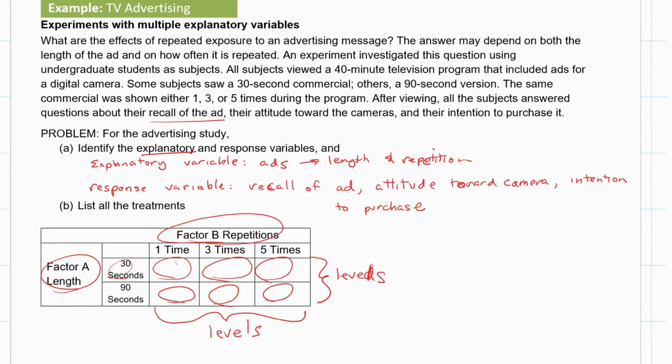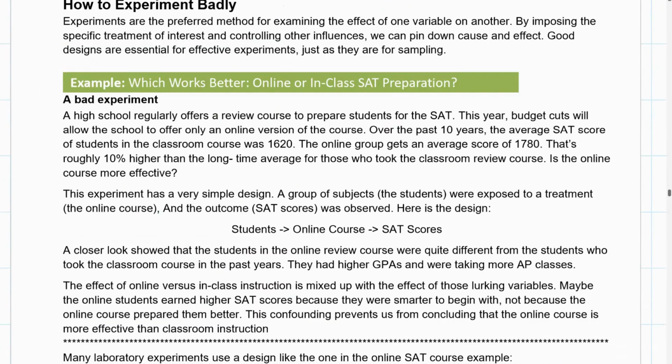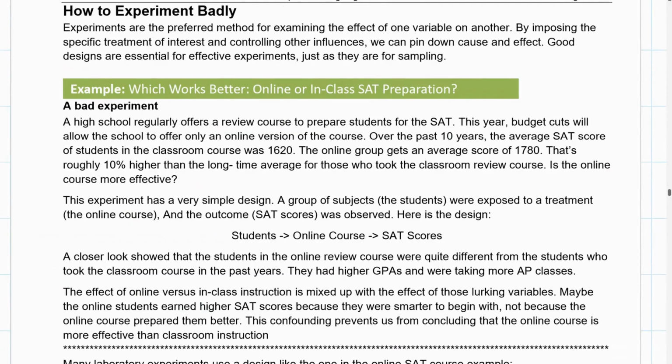All right, moving on. How to experiment badly. So we know that experiments are the way we're going to try to get at cause and effect relationships, but not all experiments. It's not just the imposition of a treatment that makes an experiment good enough to establish causality. Let's take this example. A high school regularly offers a review course to prepare students for the SAT.